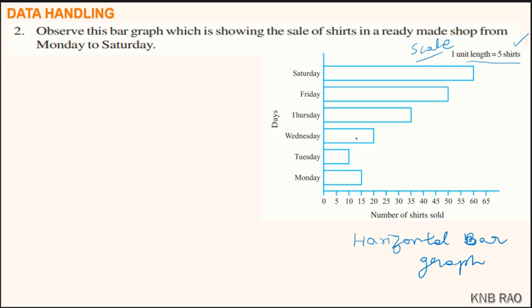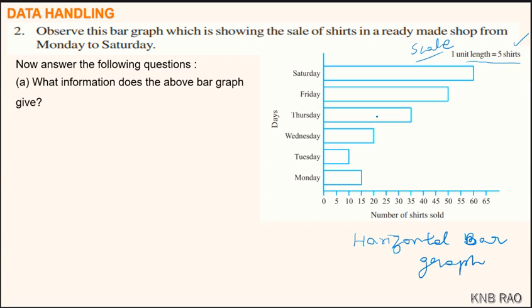So, we have Saturday being the maximum number of shirts sold, and Tuesday being the minimum number of shirts sold, where now we have to answer the following questions. First question is, what information does the bar graph give?